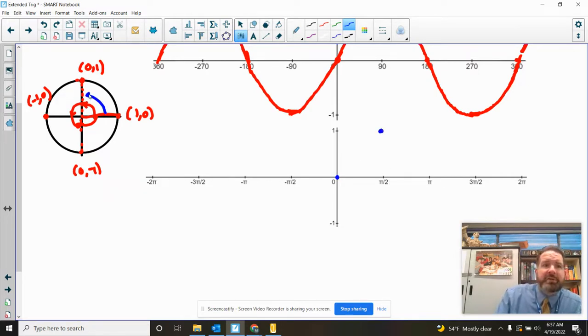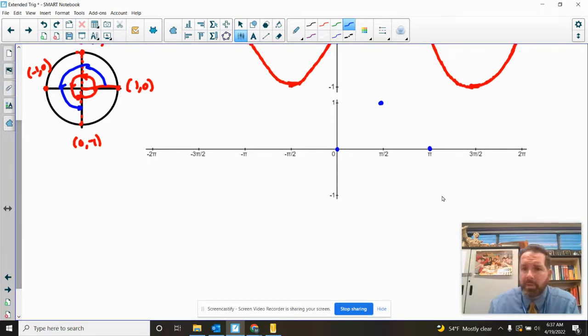A half a turn, that's pi radians, gets us back down to a height of 0. 3/4 turn, that's 3 pi over 2 radians, gets us down to a height of -1. And then back to 0 at the 2 pi. And then the same pattern repeats in reverse. And then you get something a little bit like this.